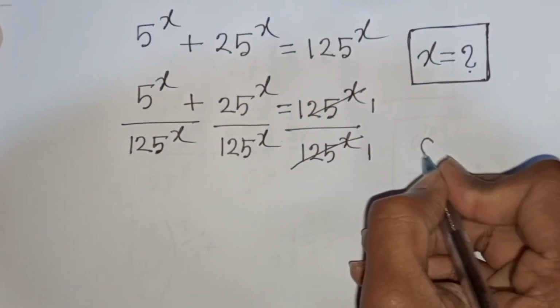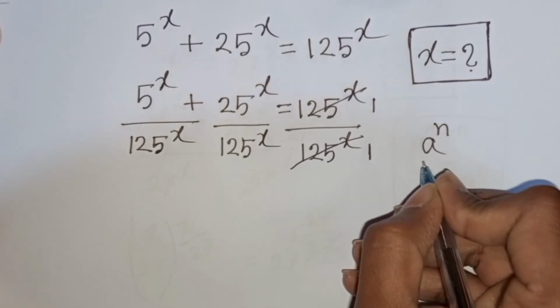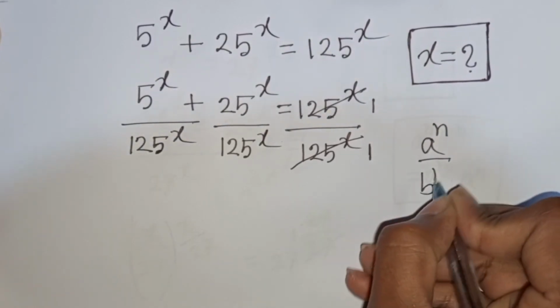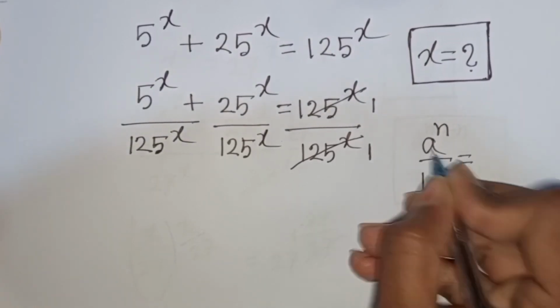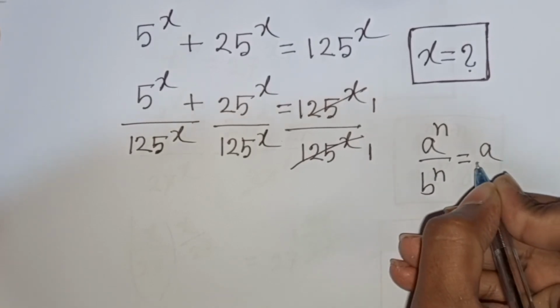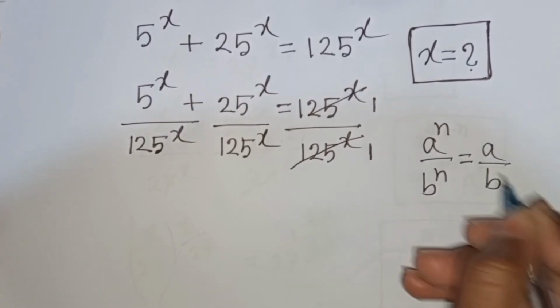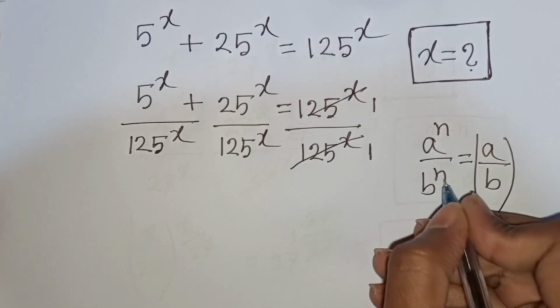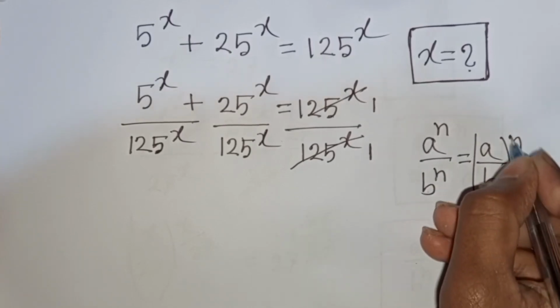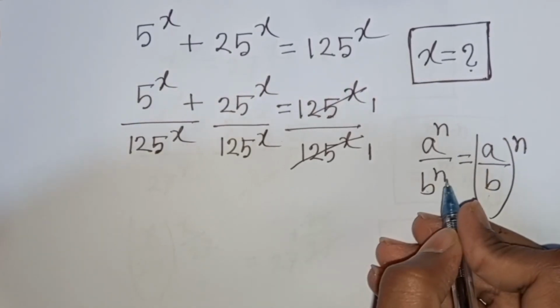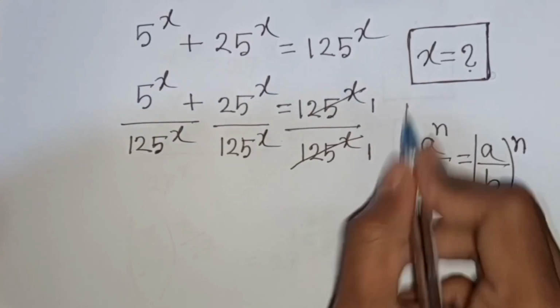So remember this formula: a power n over b power n is equal to a over b, in brackets, with common power n. That means the same power but different bases.